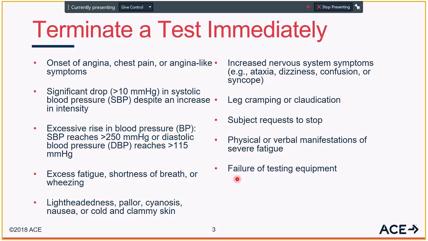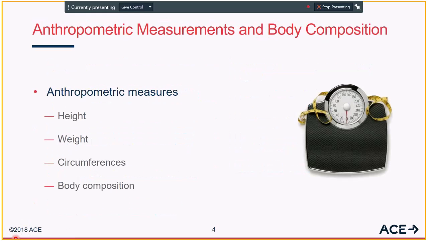Also, if they just request to stop the test, and obviously if your equipment were to fail, you can't really continue the test anymore. So if any of those were to happen, you'd want to stop the test immediately and follow up. But most of the time, your assessments go on without any sort of issues. Move on to the next slide.